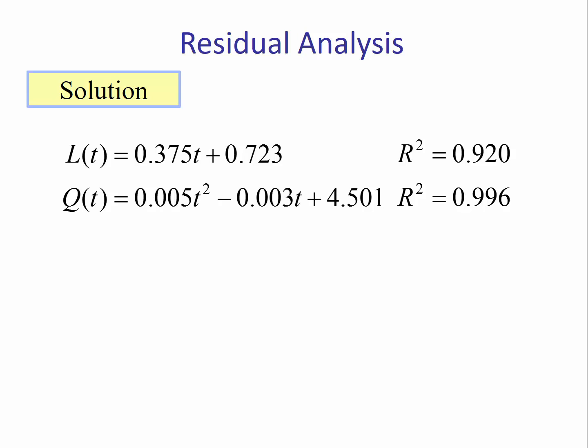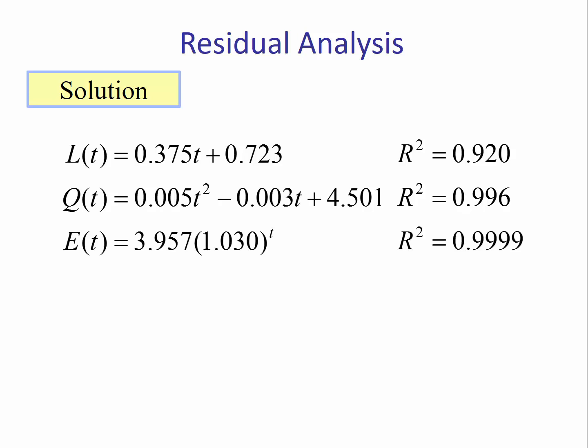It had an R square value of 0.996. For the exponential, E of t was equal to 3.957 times 1.03 raised to the t power, and it had the largest R square value of 0.9999.